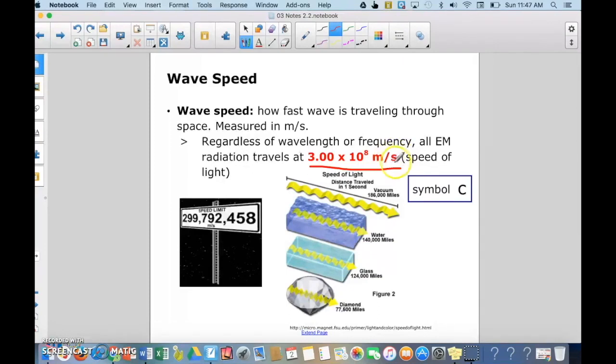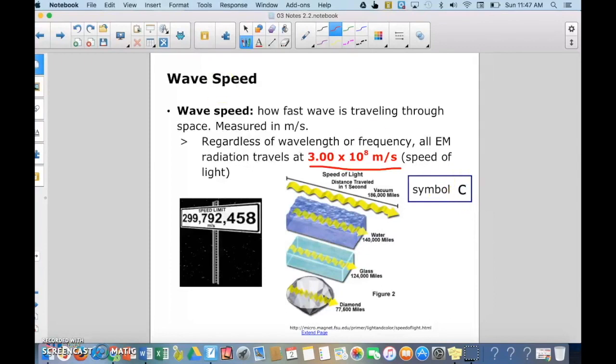That means that in 1 second, the light can travel 3.00 times 10 to the 8th meters, which is a very, very big distance. The symbol that we use to represent the wave speed is C.